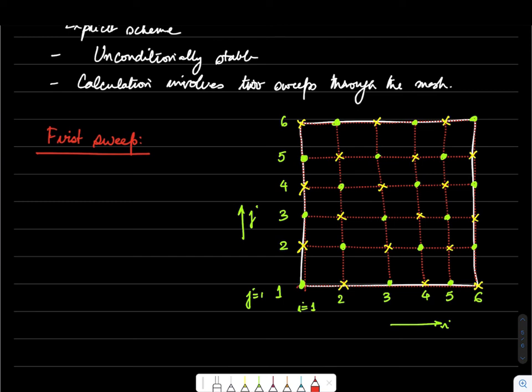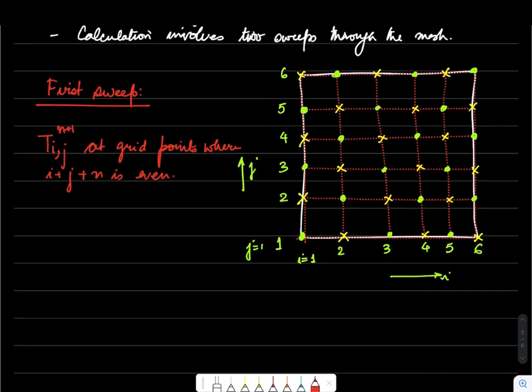So the first sweep will be such that we will calculate Tij at n plus 1 time instance at grid points where the number i plus j plus n is even, only at these grid points.